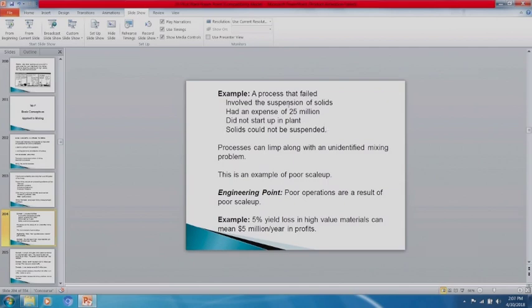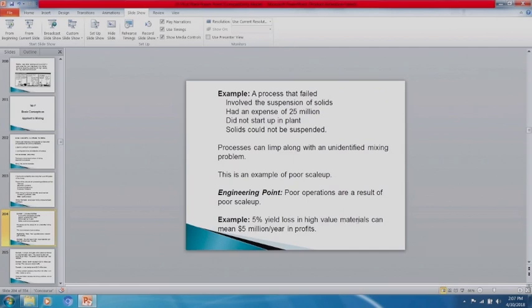This is a very large reactor. The solids probably fused together or agglomerated on the tank bottom, and they couldn't start up the plant. Processes can limp along with unidentified mixing problems. This is an example of poor scale-up. Poor operations are a result of poor scale-up.